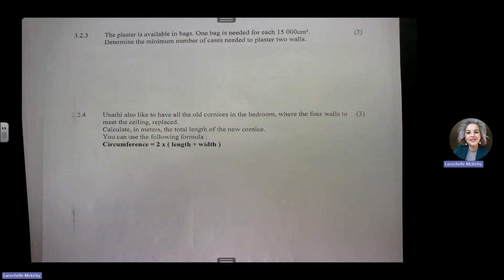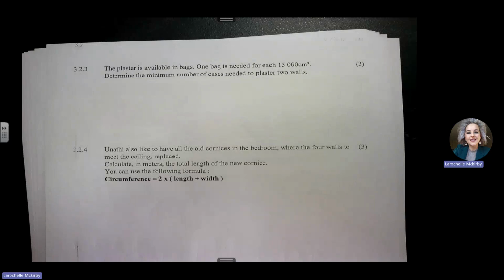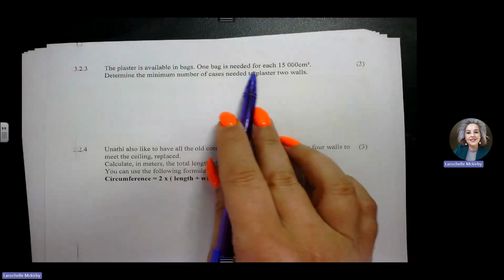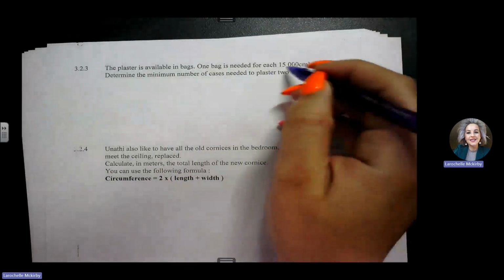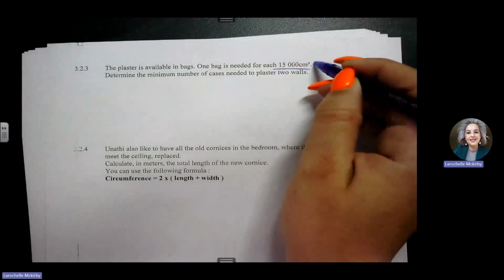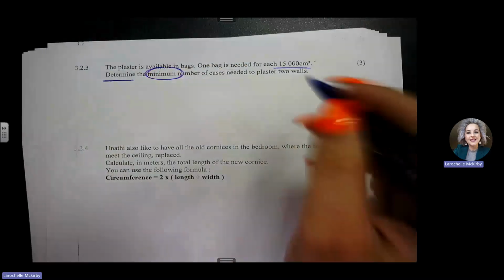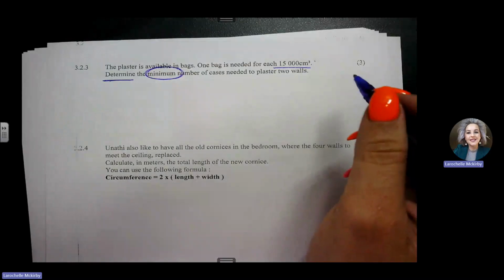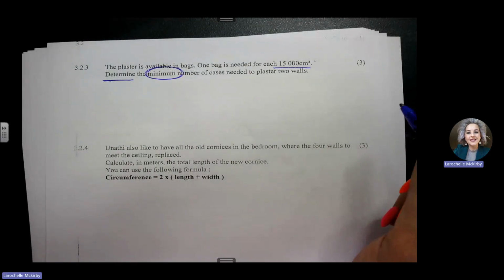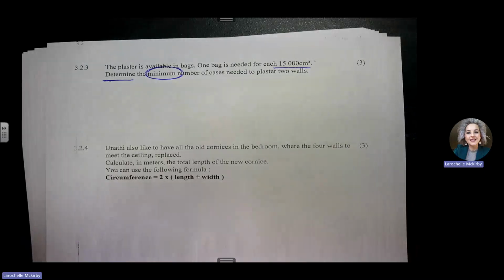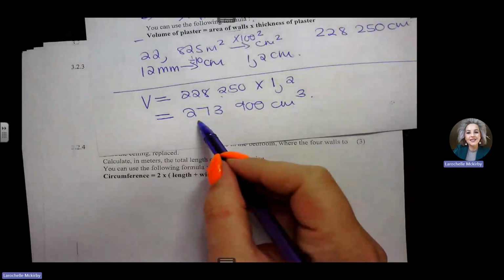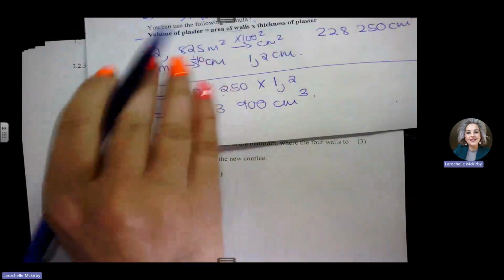The next one, 3.2.3. The plaster is available in bags. One bag is needed for each 15,000 cubic centimeters. Determine the minimum number of bags needed to plaster this wall. So how big is the wall? The wall is 273,900.